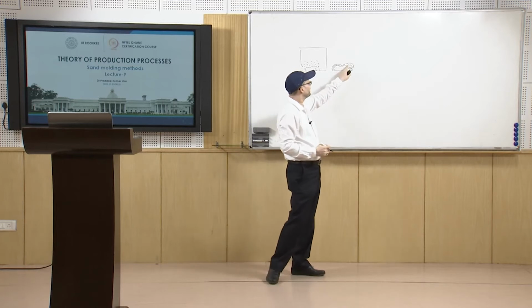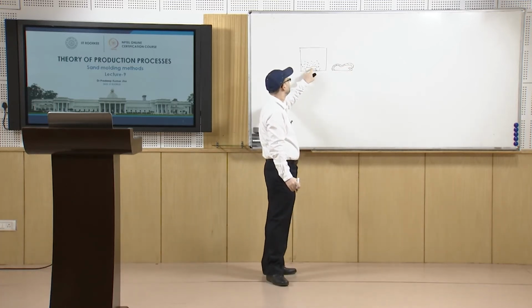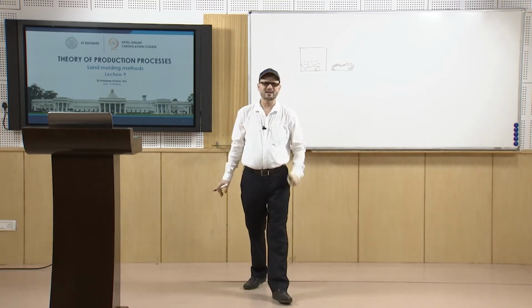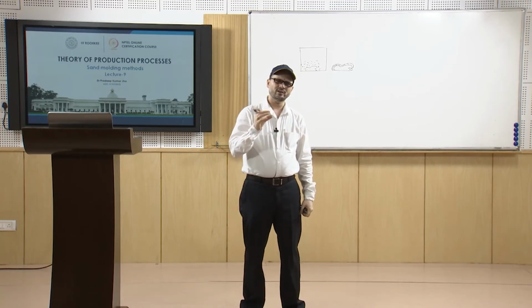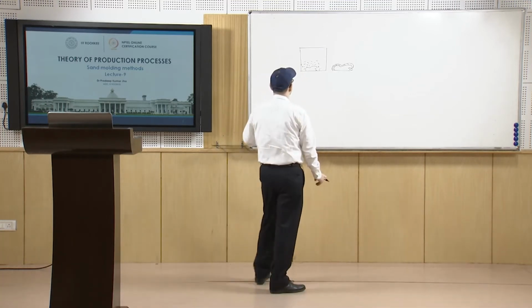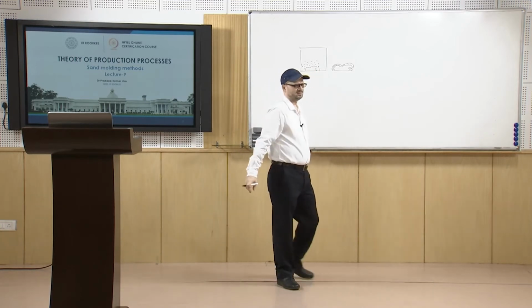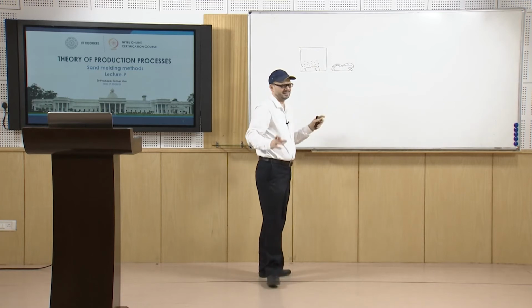This shell is formed because of the heat, and under this heated condition the sand coated with the binder, which is mostly phenol formaldehyde or other aldehyde-based binders, gets strength.